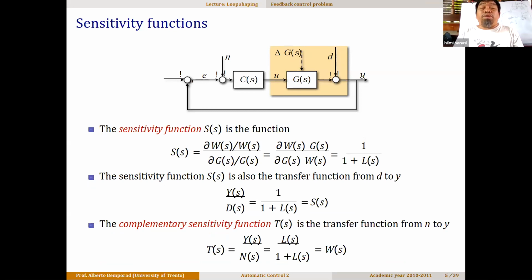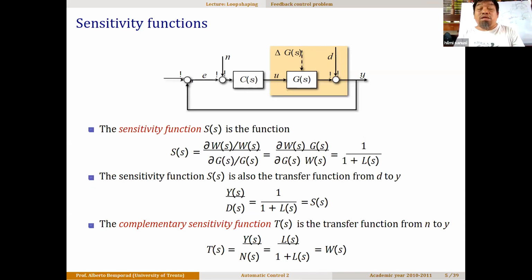So what we see here is the sensitivity function, which is 1 over 1 plus the forward loop function. So the sensitivity function is complete, we take the complementary to the sensitivity function.